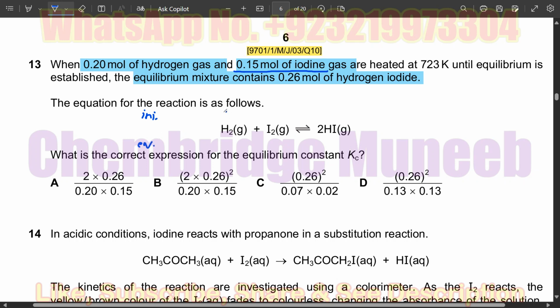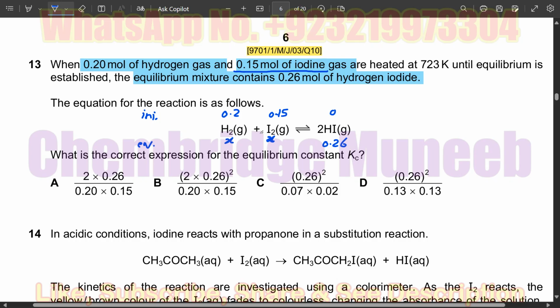Initially there was 0.2 moles of hydrogen gas and 0.15 mole of iodine gas, and at this initial stage there was no hydrogen iodide. But when equilibrium was achieved, there was 0.26 mole of hydrogen iodide, and we do not know how many moles of iodine, X, and how many moles of hydrogen were present.